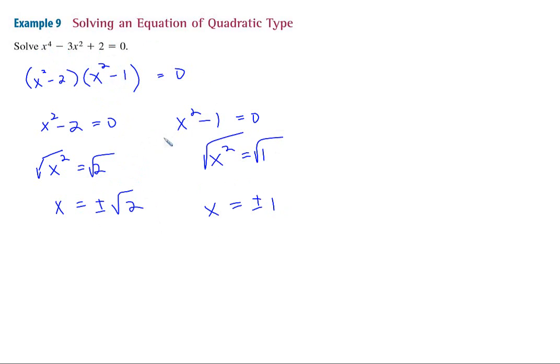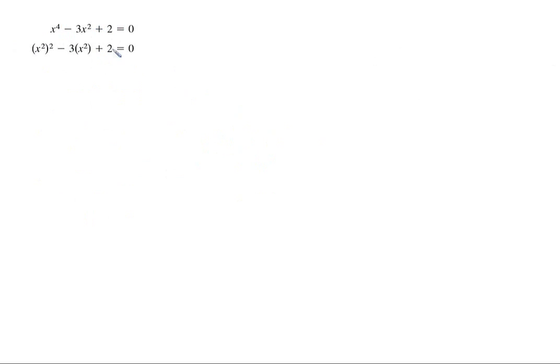But sometimes you can't factor this, so let me show you what you would sometimes have to do. Here was the problem that we had, and remember, we were able to factor this into x squared minus 2 times x squared minus 1 equals 0. But if you're not able to do this, here's what you have to recognize. Let's say it was a different problem with some different numbers.